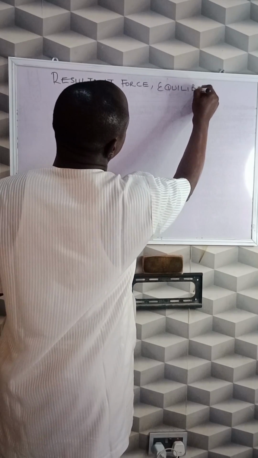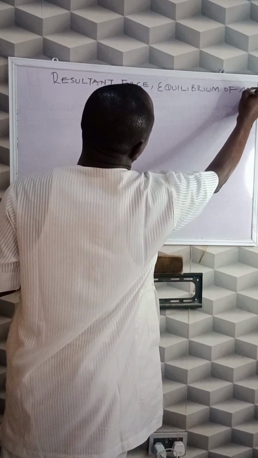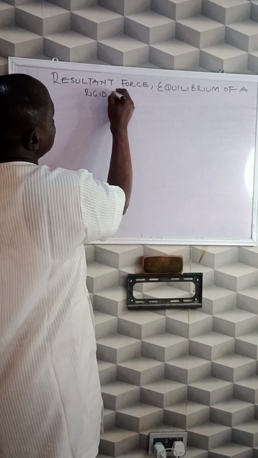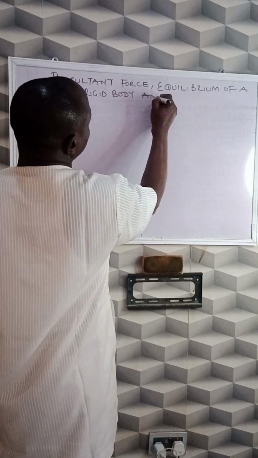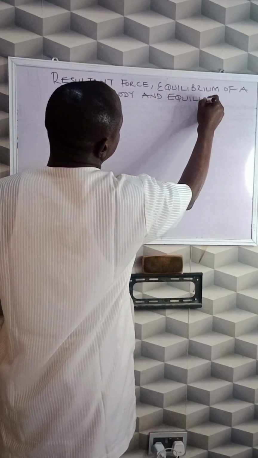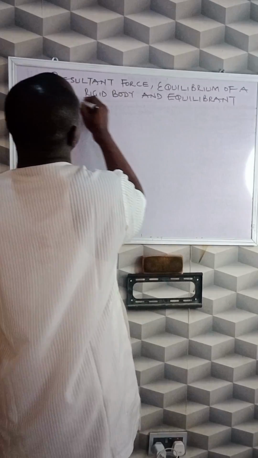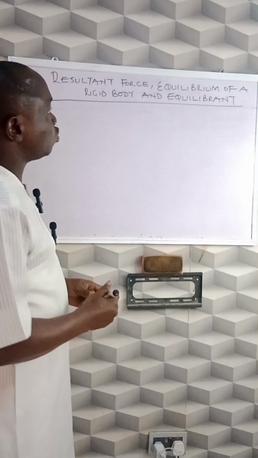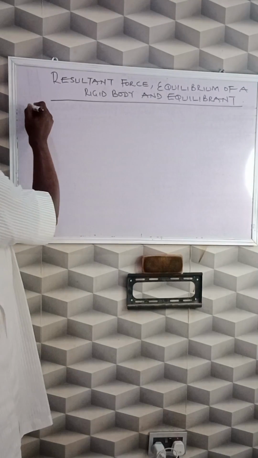Equilibrium of a rigid body and equilibrants. So it has to do with resultant force. Let's start from force.